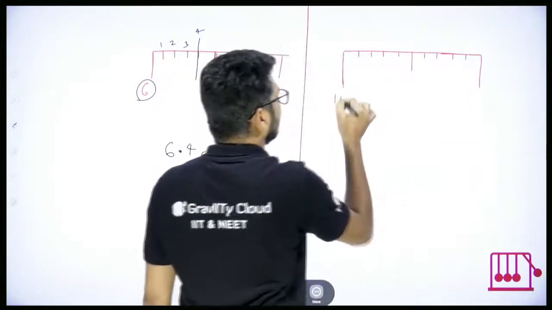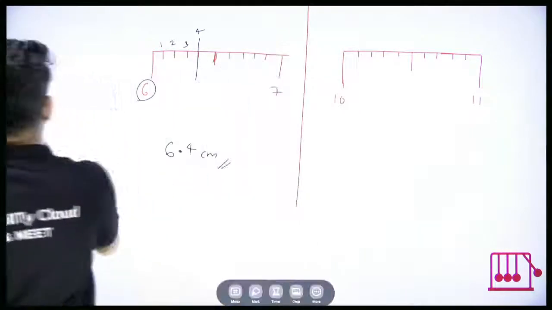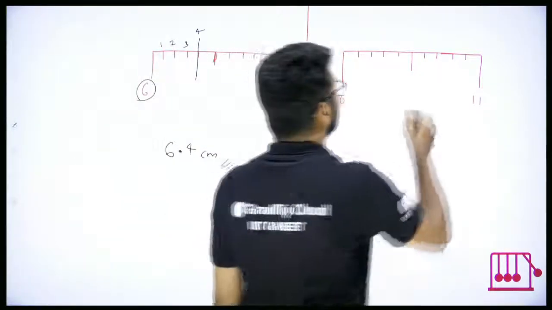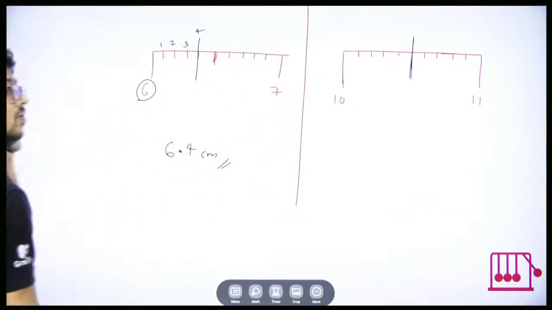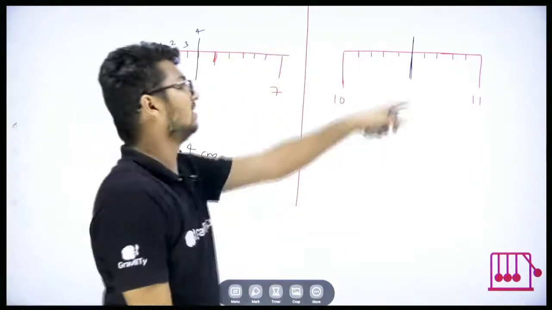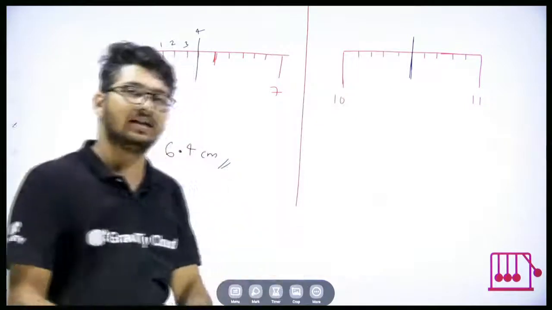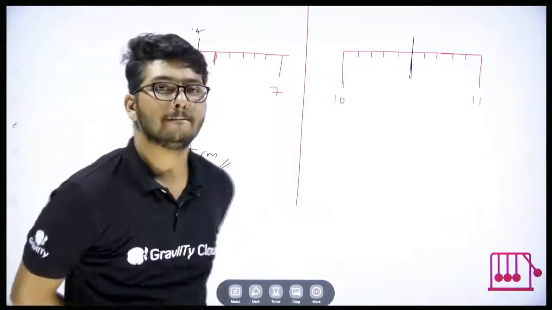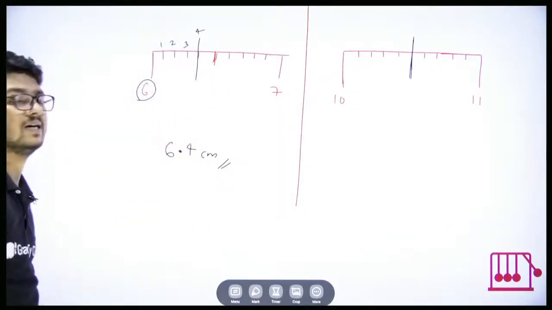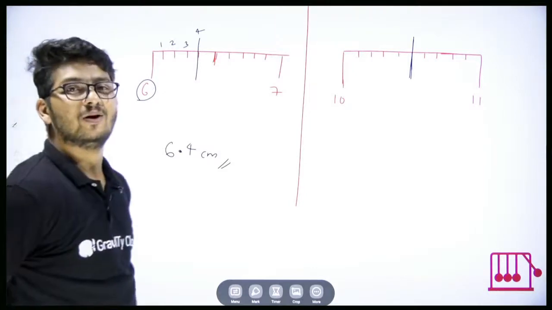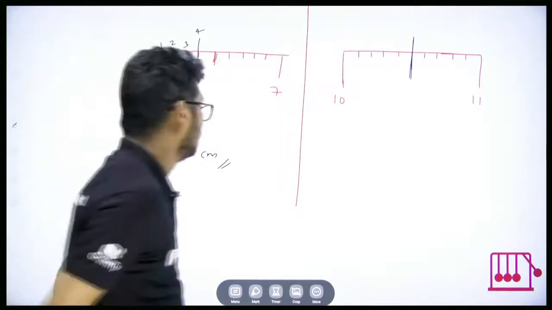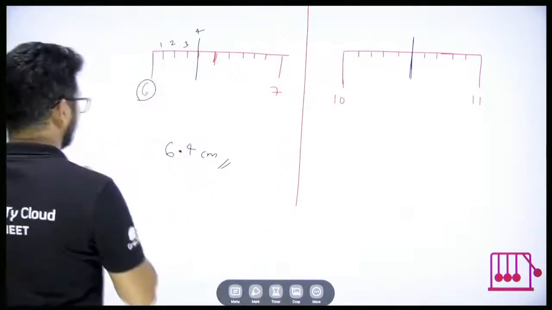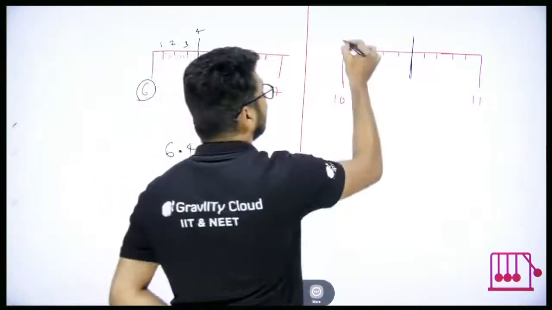I'll take 10, 11, and the reading coincides with this. So what is the reading now? Everyone tell me, what will this reading be equal to? Please answer that. Take your time, but please answer that. Here if I count it, it is 10.